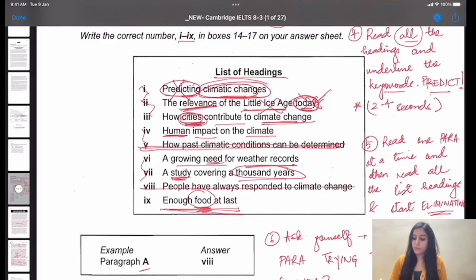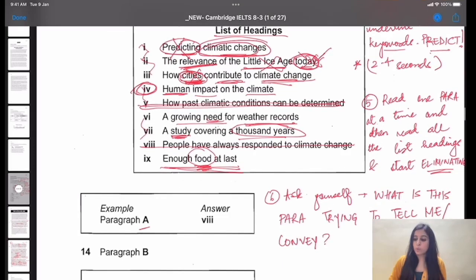How cities contribute? No mention of cities. Yes, there's mention of countries, but not cities, and definitely not how they contribute in climatic change. Human impact on the climate. Yes, they are talking about how humans have changed the climate or have caused global warming because of the use of fossil fuels, deforestation, felling of trees, and how it has increased the greenhouse gases.